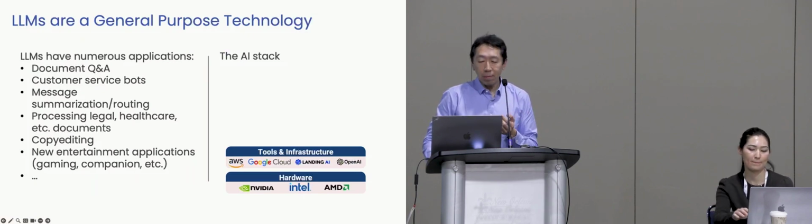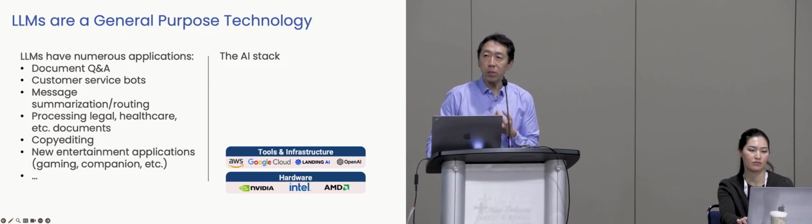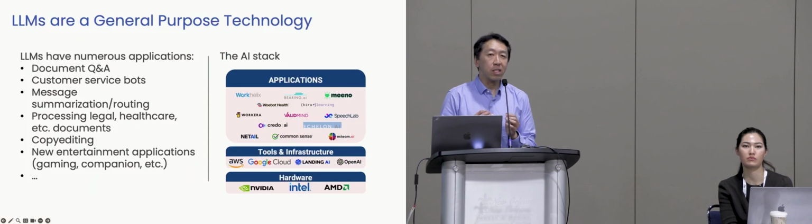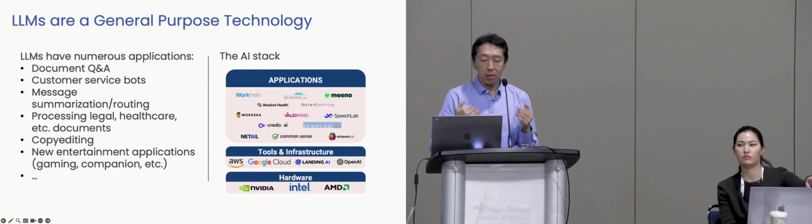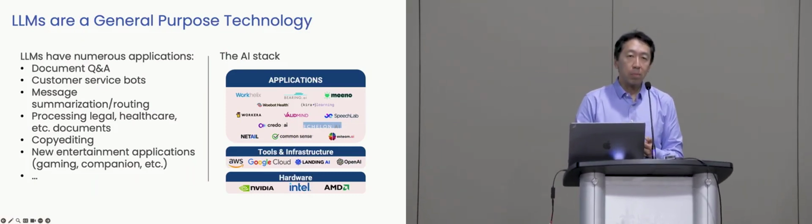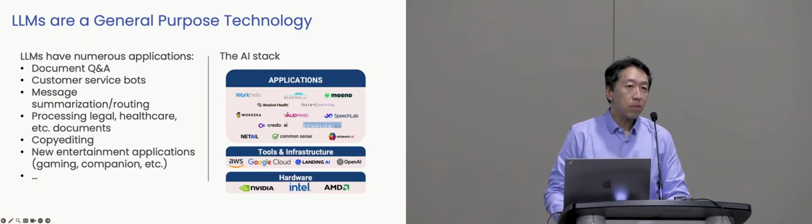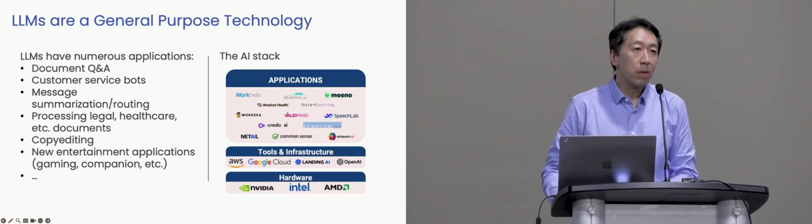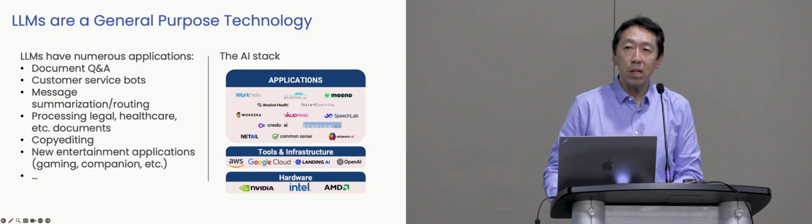But it turns out that for the people building tools and infra, and I run Landing AI, which does computer vision tools, for the businesses providing tools and infra to be successful, almost by definition, there's another layer that's got to be even more successful, which is the application layer, because the applications built on top of the tools and infra, they better generate even more revenue so that they can afford to pay the tools and infra businesses.